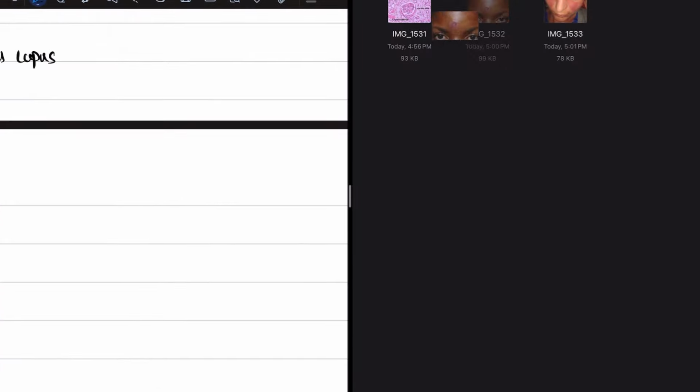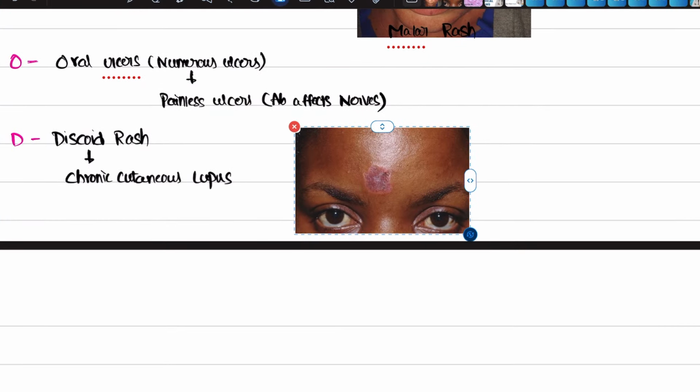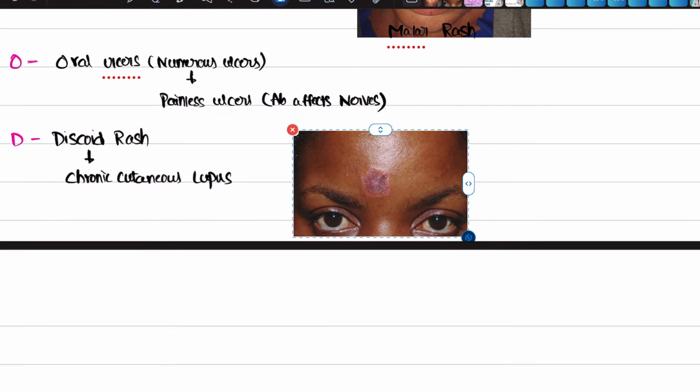I'm just going to show how the shape of this rash looks. See, this is the rash. You can see how it is disc shaped, round shaped. We can see there is central scarring.